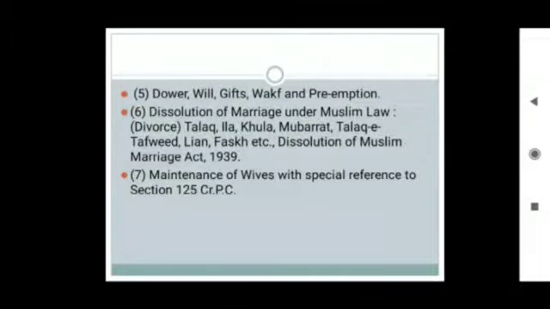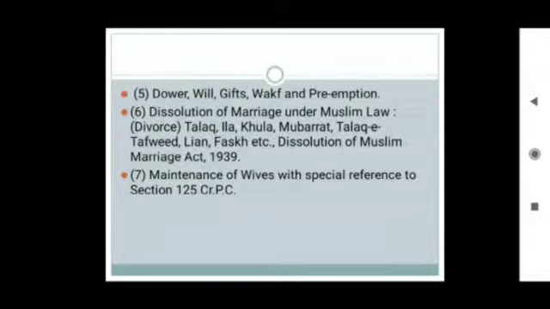So it's quite long. In the Muslim law of divorce, we will deal with every sort of classification. The marriage basically gets dissolved in two ways: either by the death of a party to the marriage, or by divorce.